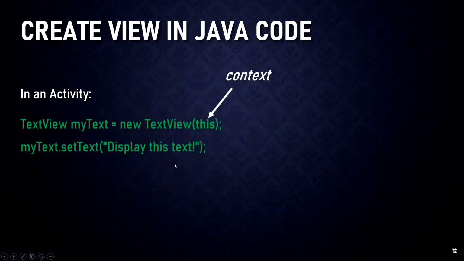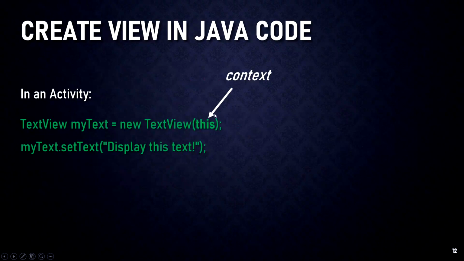So now let's see the third way to create a view, using Java code. In your activity, you can also create a view by using the classes provided by the Android framework. Here we can use the TextView class and create an object of this TextView class, and we pass the context of the activity.